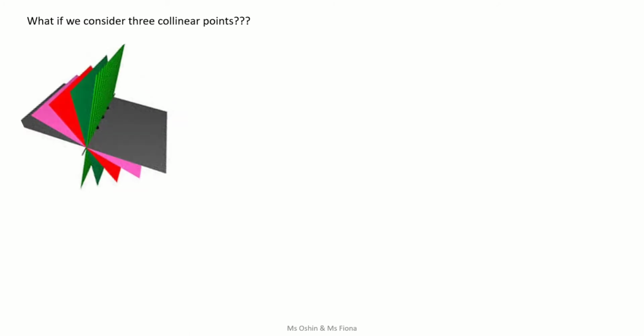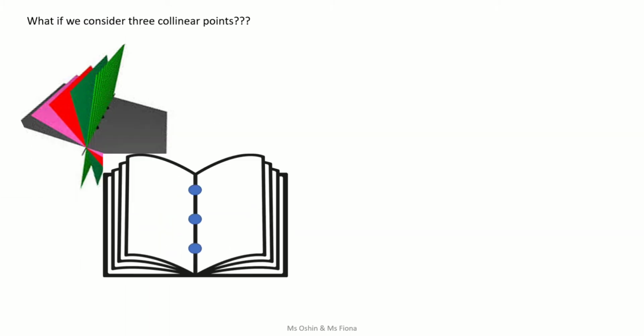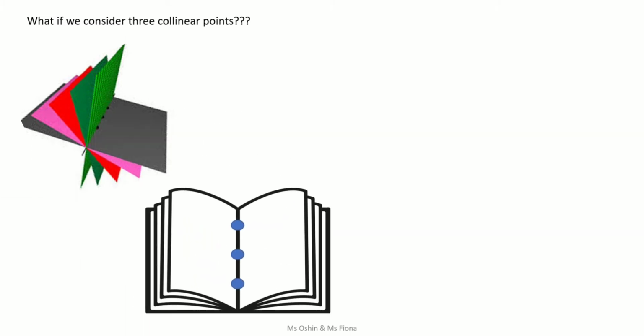What if we consider three collinear points? Observe that if three points lying on the same line are given to us, then there will be many planes passing through that line. For example, consider your book. Consider 3 points like this. Observe that each page is a plane and we'll get many planes passing through these 3 collinear points.